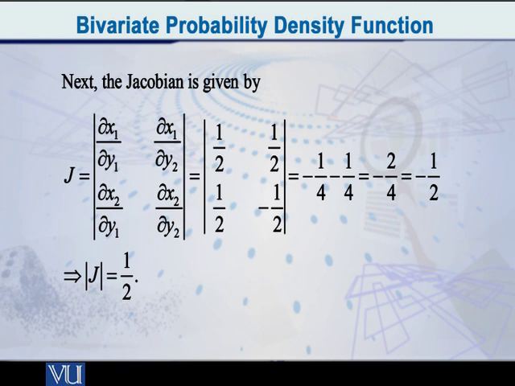We have to take the modulus of this thing, and that is what is called the Jacobian of transformation. So modulus of J is the modulus of minus half, and that is equal to half. That is what we are going to use in a few moments from now when we write the PDF, the joint PDF of Y1 and Y2.